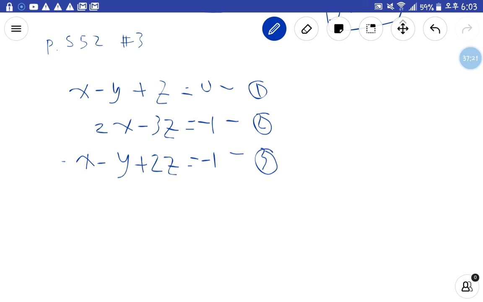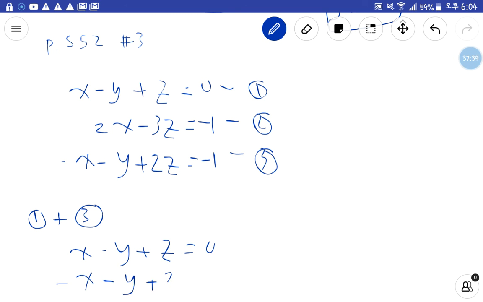First, I'm going to add number 1 and 3, and replace my number 3. So if you add number 1 and 3, you have x minus y plus z equals 0 and negative x minus y plus 2z equal negative 1.